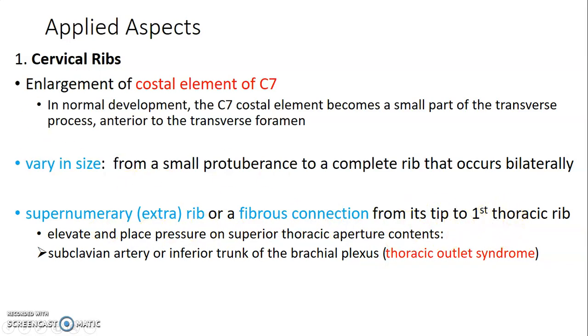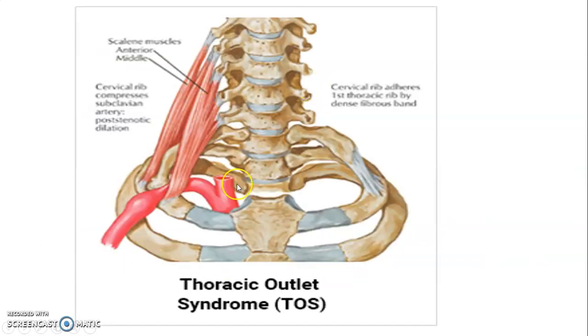Now, why do you need to know about these cervical ribs? They may narrow your thoracic outlet, leading to thoracic outlet syndrome. You compress the structures of the thoracic outlet, leading to compression of the subclavian artery and inferior trunk of the brachial plexus.